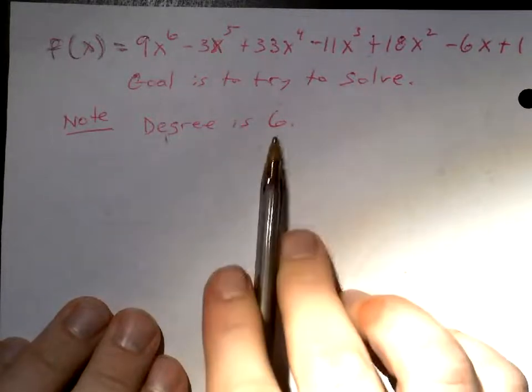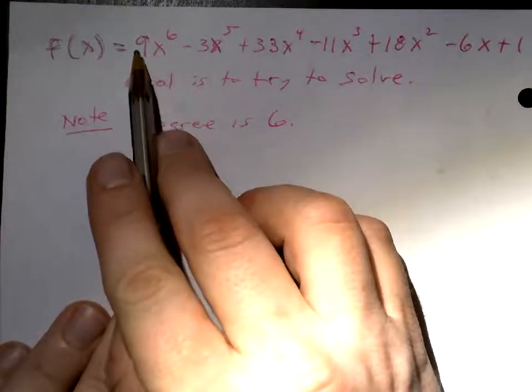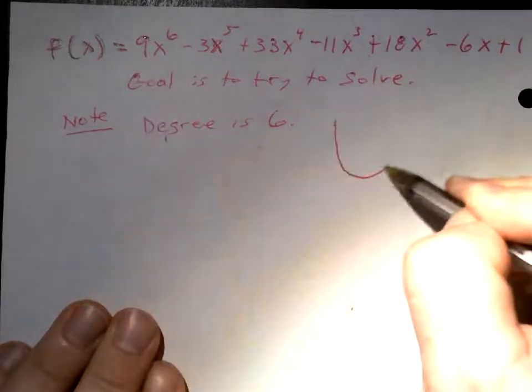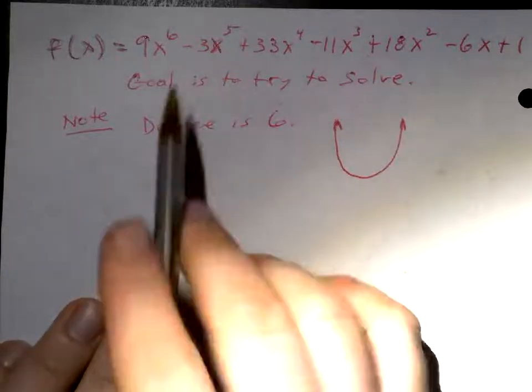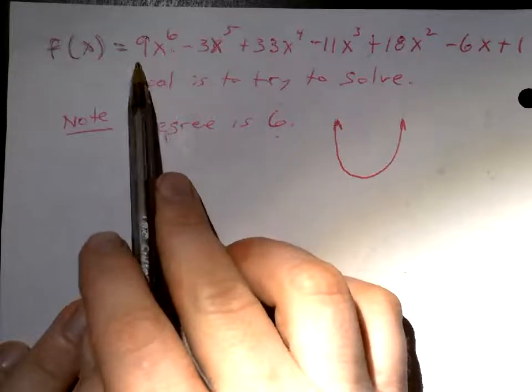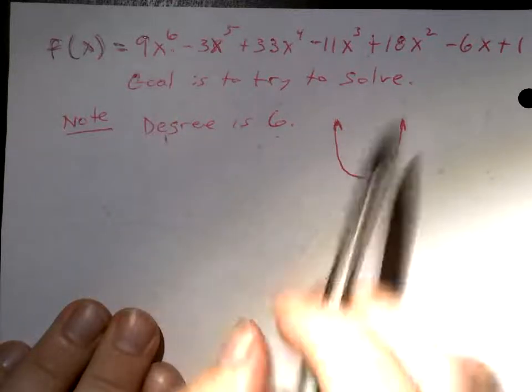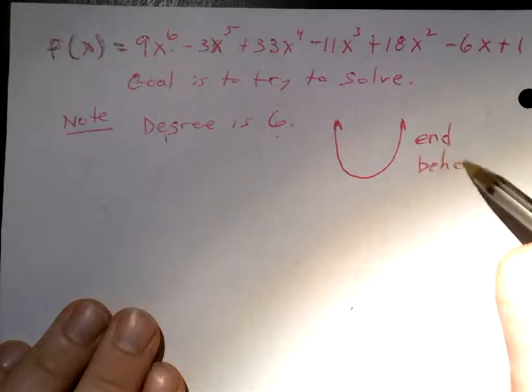So remember, the degree is even and the leading term is positive, so we're going to have a parabola-like graph that goes like this, because the degree is even and positive. That means the end behavior is going to go back up.